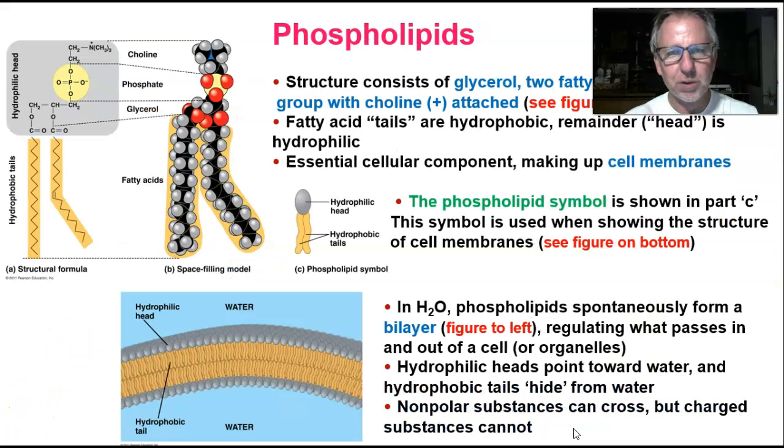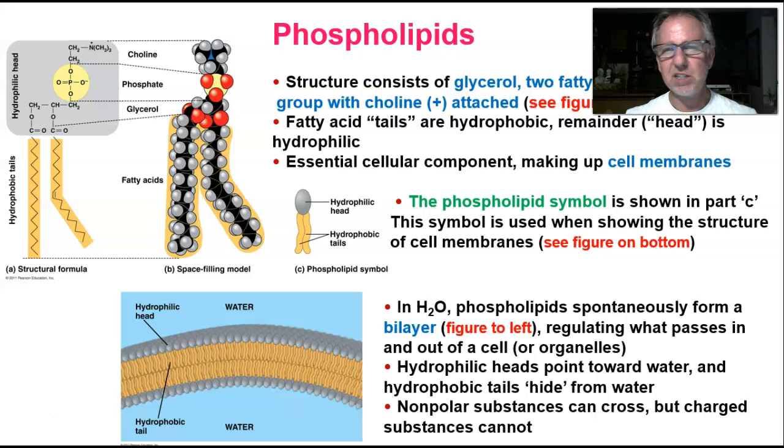Okay, we're finished with the fat category. Now we're going to touch on phospholipids. And in another chapter or so, we're going to start talking about cell structure. And a majorly important part of cell structure are the membranes of cells, the parts of cells that form the outer layers and boundaries.